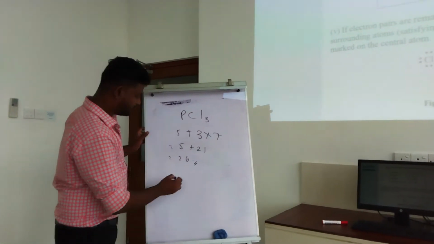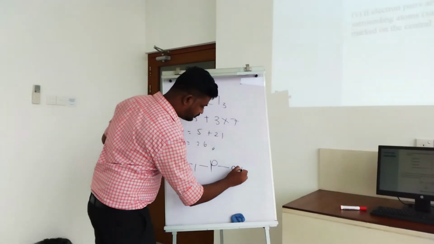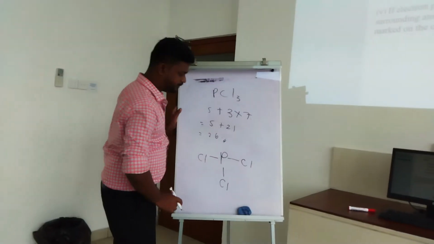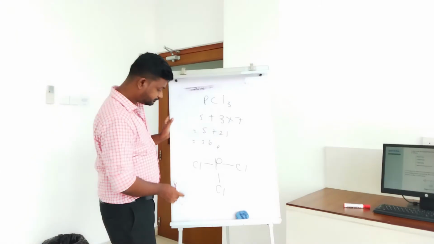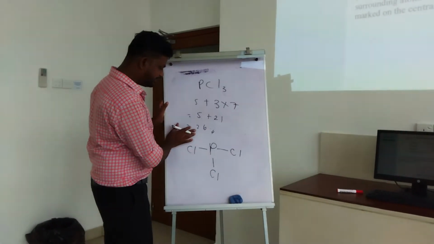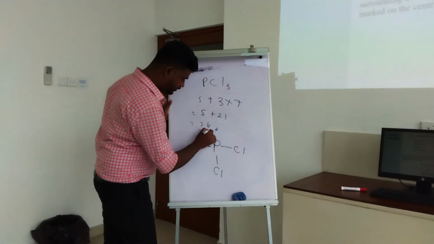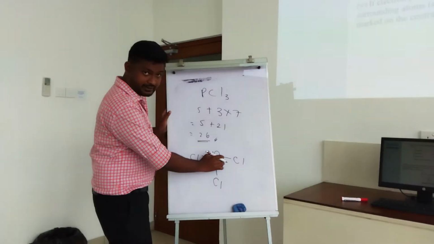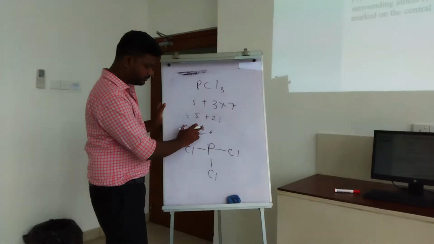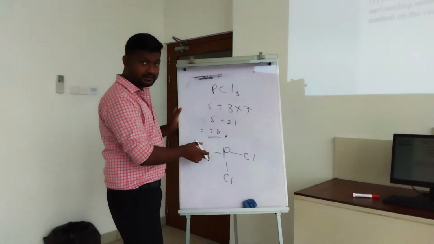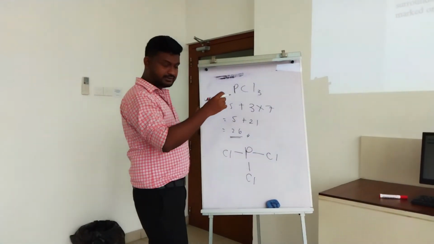So when you're drawing it, now there are 3 bonds between 3 atoms, right? So we'll distribute the electrons first. So 26 in total, but here there are 3 bonds. So 2 plus 2 plus 2, in that sense 6. So we have to reduce 6 electrons. Then the remaining will be 20. We have to distribute these 20 electrons.